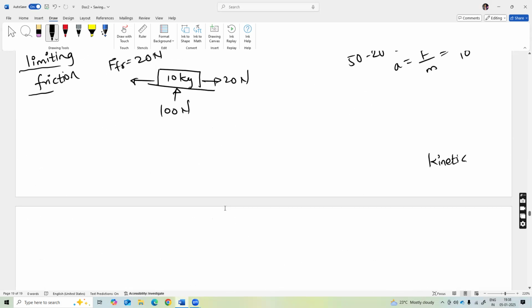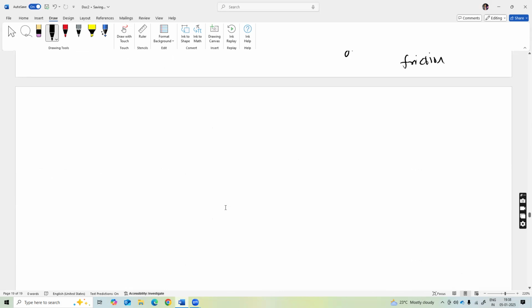So if you draw the graph of, let's say, this is frictional force, and this is applied force.